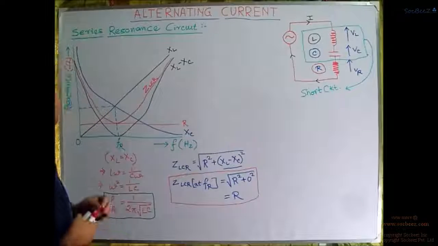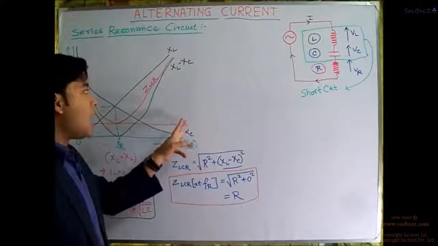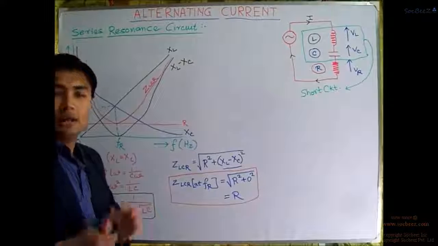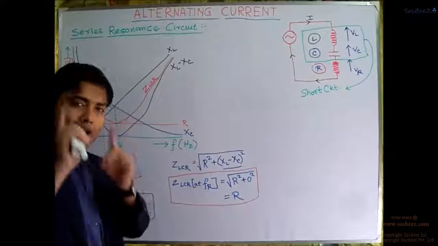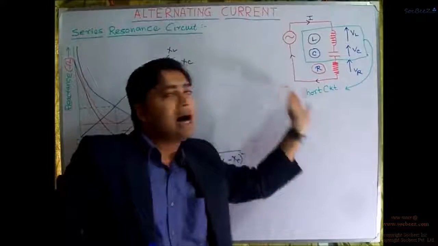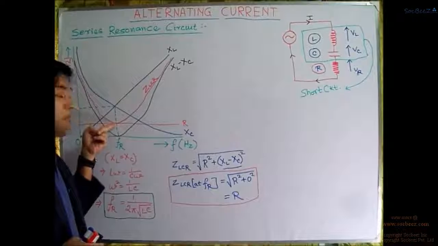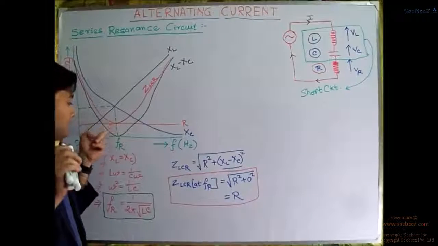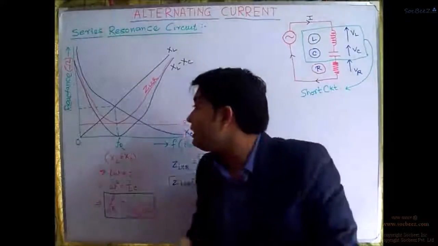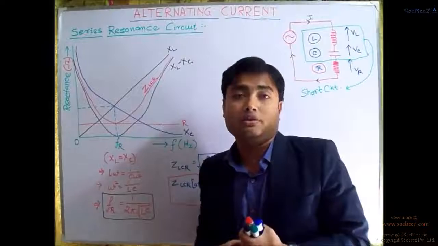Now we have found out over here XL, XC, R, XL minus XC and Z. The actual resistance being offered by this entire circuit at this resonant frequency will simply be equal to R, and this resonant frequency is determined when XL and XC cancel out each other. Right?